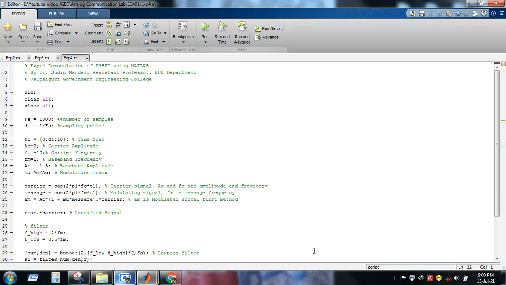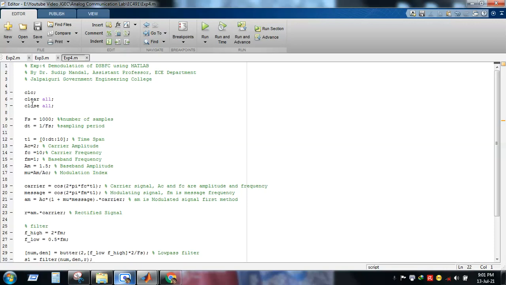So the first stage is to multiply the AM signal with the original carrier signal, and next we need to use a low pass filter so that the lower frequency, that is the baseband signal, can pass through it. That is the basic theoretical concept of synchronous type demodulation of DSBFC signal. So we should use that concept for the demodulation of DSBFC using MATLAB.